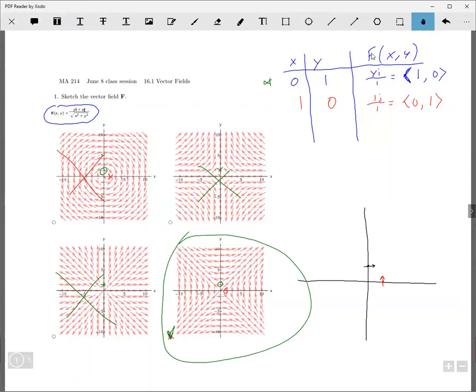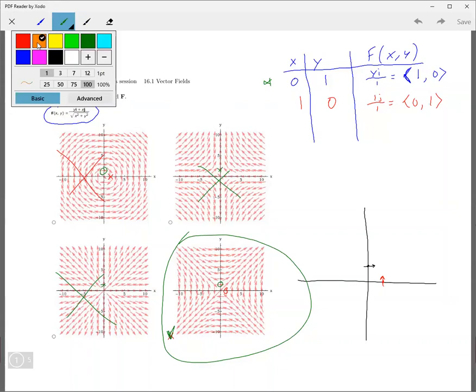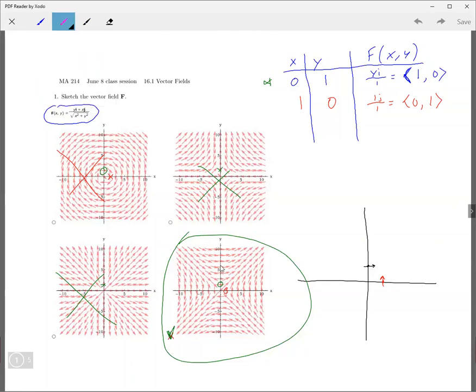Now, when you imagine this, what you should consider is, think of this as being fluid flow, for example. If I put something right here, what's going to happen to that?